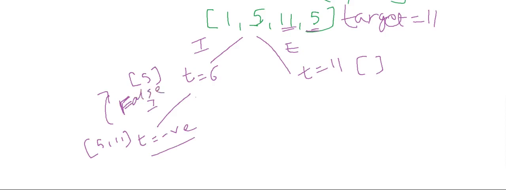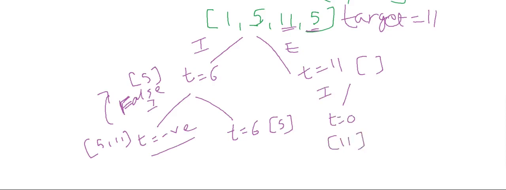Okay, now here I'm not including the 11. So again, the subset is 5 and the target is equal to 6, right? Now here I'm going to include 11. So that means my target is equal to 0, and there you go. I found a subset whose sum is 11, so I'm going to return true from this.